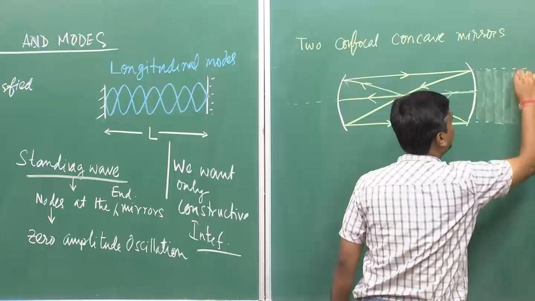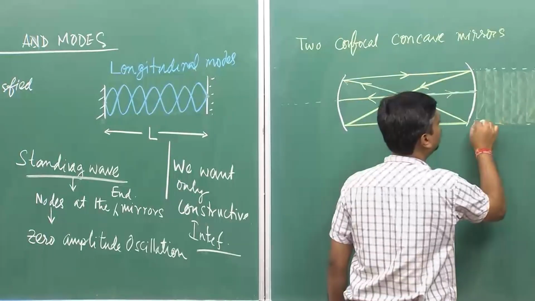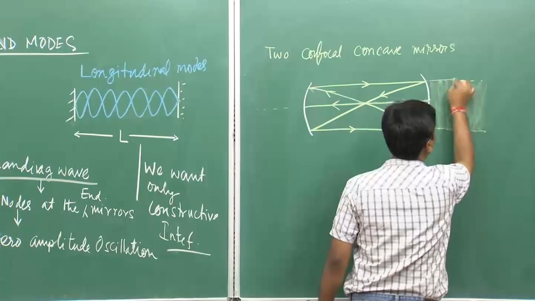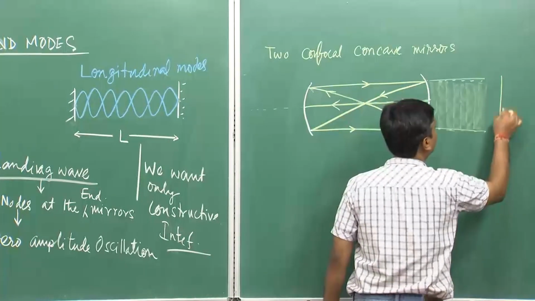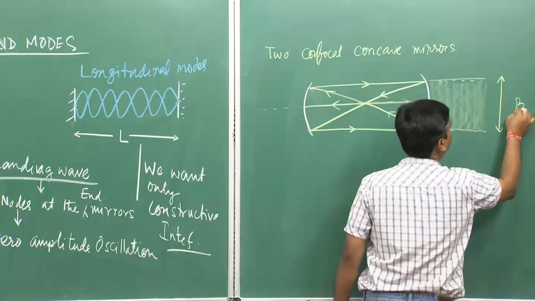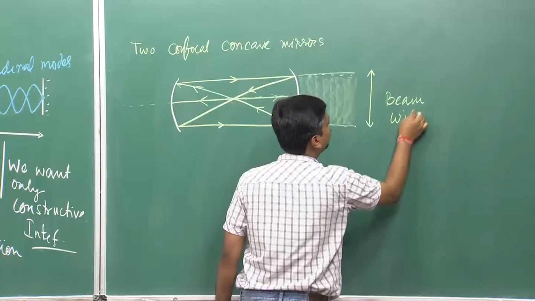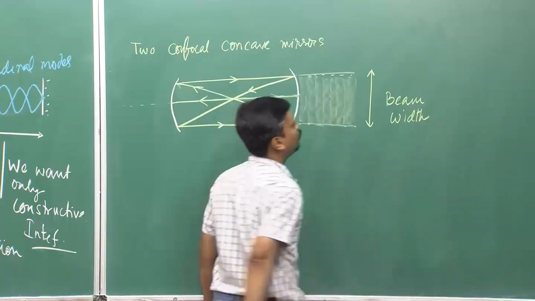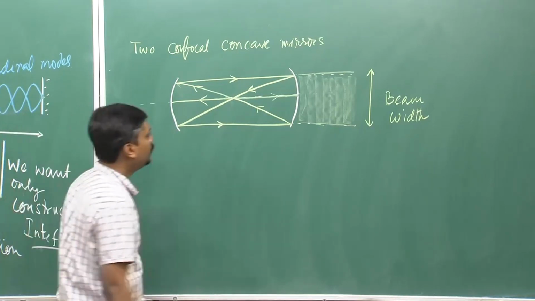Okay. So, depending on my mirror system, this is my ultimate laser output. So, it will have its own beam width. There are several other things that the beam width depends on. Okay. We will talk about that.